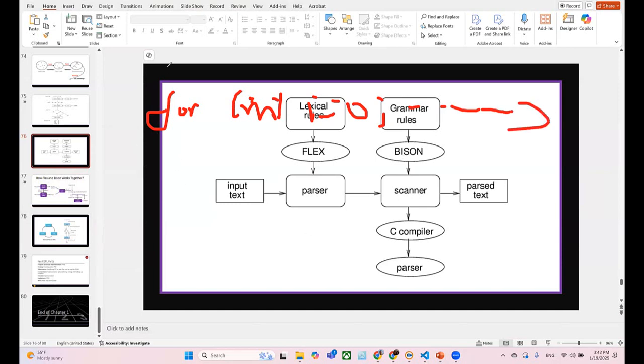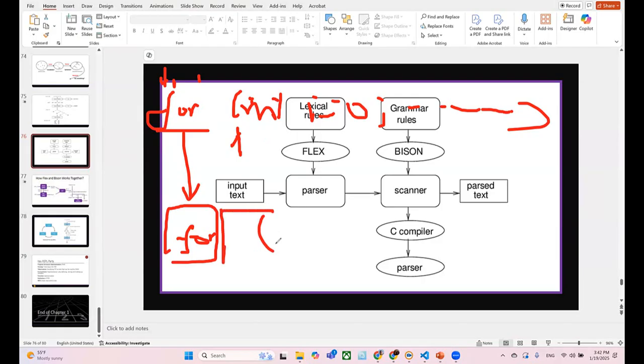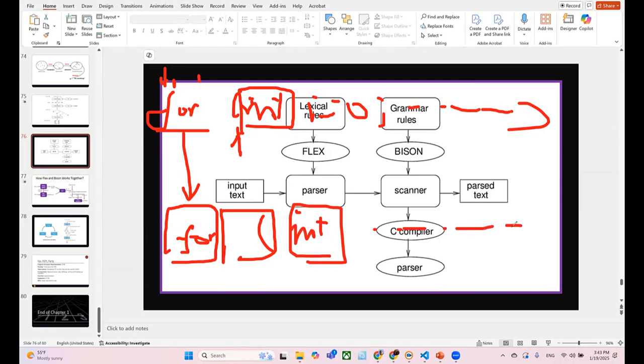So this is FOR, you see FOR, this is a word. Then you consider this a token called FOR. And then parentheses, you say this is a token for parentheses. So they do tokenization to tokenize each of the language units. So INT is one language unit, one word unit. We call it a token. So generating token by token, token by token, that's called the parser.